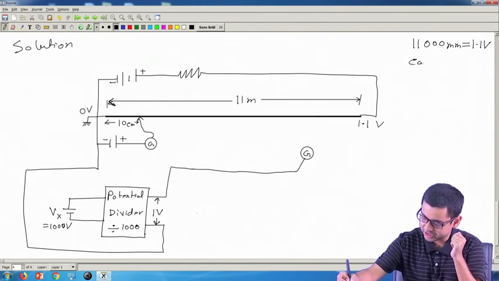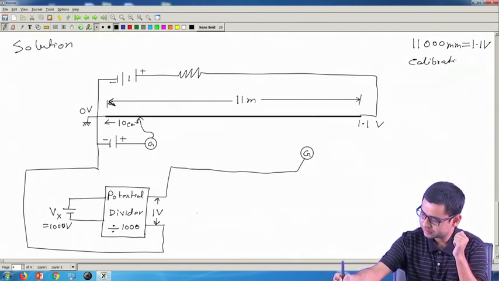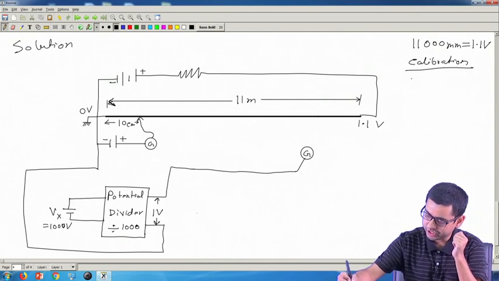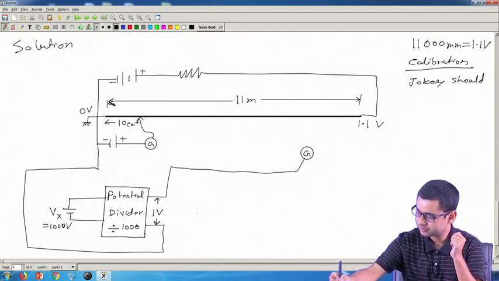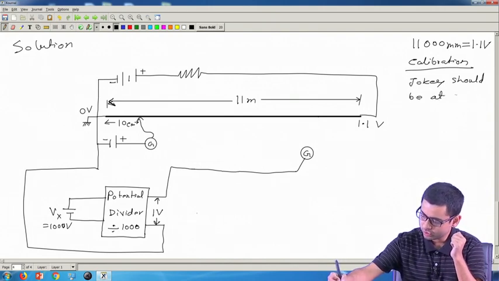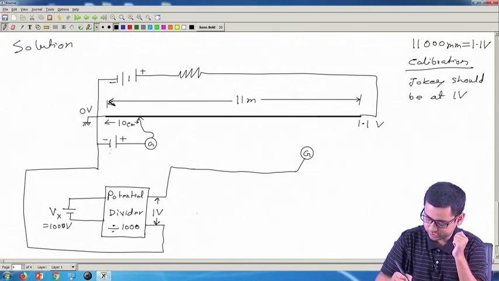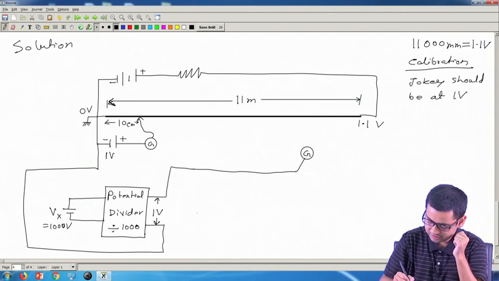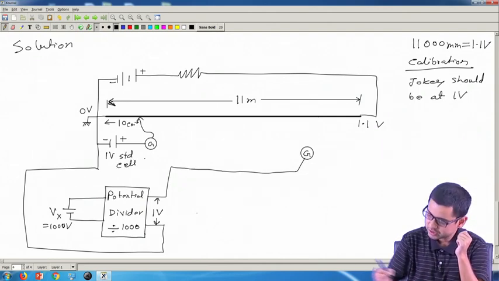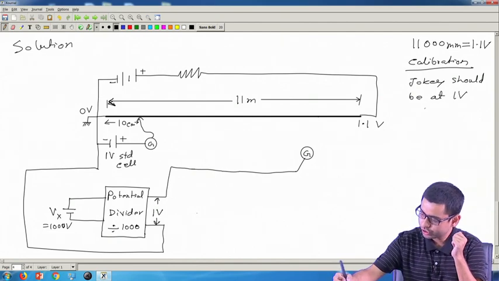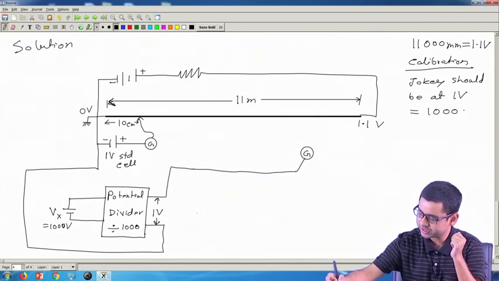then for calibration the jockey should be at 1 volt, because this is a 1 volt standard cell. So, jockey should be at 1 volt, which means from this you can find this will be 1 meter or 1000 millimeter.